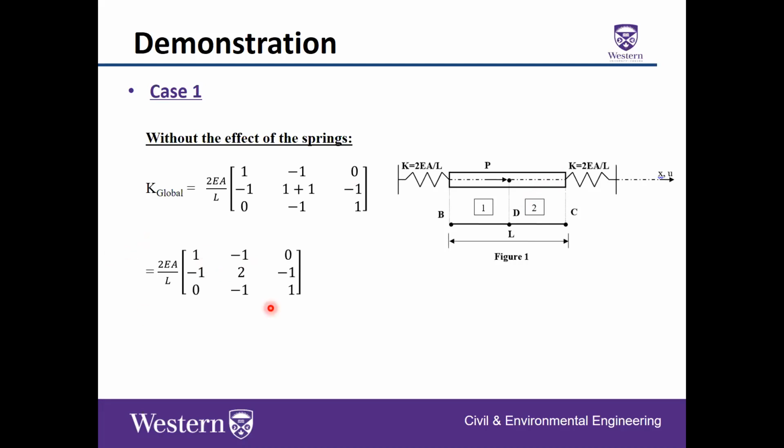So that's why the global stiffness matrix for these 3 joints and 2 bar elements looks like that, without the effect of the springs: 2EA over L, 1, minus 1, 0, minus 1, 2, minus 1, 0, minus 1, 1.